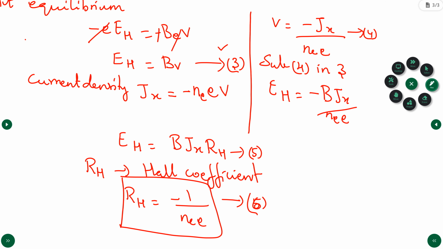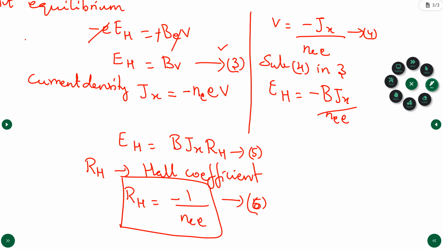Could you do it for the P-type semiconductor? In a P-type semiconductor, you have holes as the majority charge carriers. So the same thing will happen there. There also the potential difference occurs. The force due to the potential difference will be there, and the force due to the magnetic field is also there. But in the sign there is a difference.